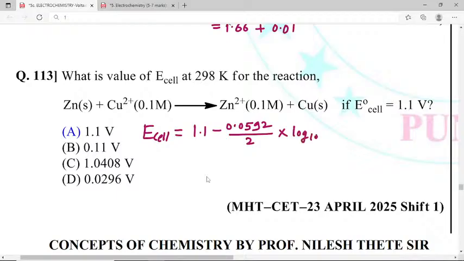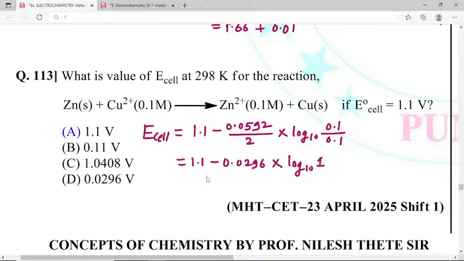How much? 0.1 divided by 0.1. So this is equal to 1.1 minus 0.0296 multiplied by log 1 to the base 10.